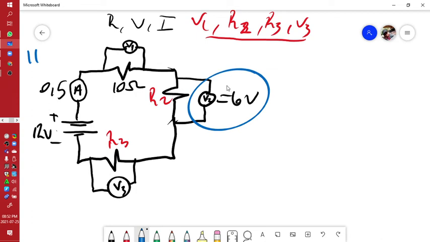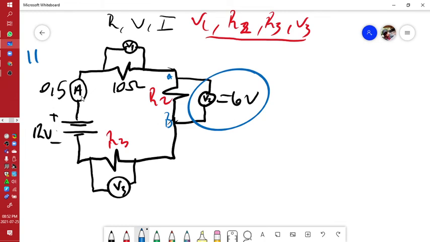So this V2 is here just to measure the potential difference between point A and point B. It is an instrument, but it's not a component of the circuit. What I want is just this element.